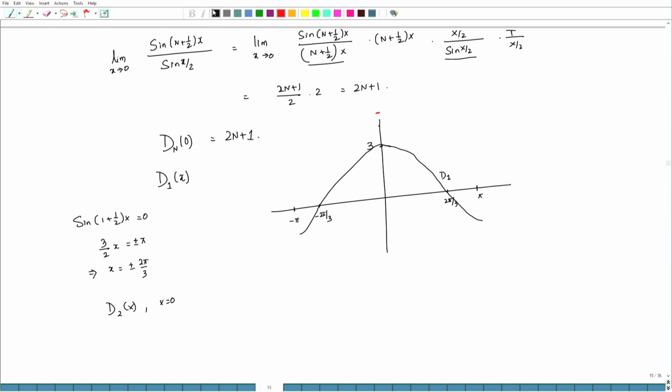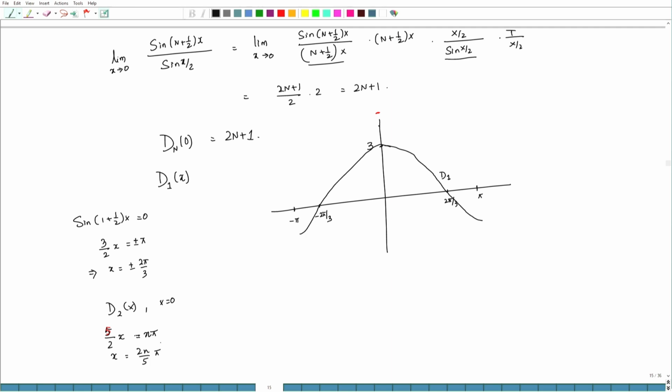So, basically here in this case sin of 5 by 2 x is equal to 0. So, therefore, 5 by 2 x is going to be equal to n pi. Now, what are the values of n? So, now x has to be 2n by 5 pi.